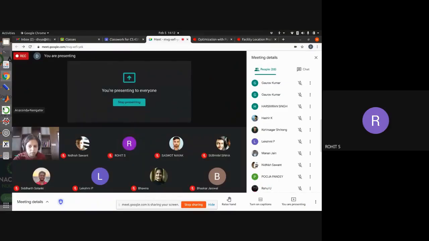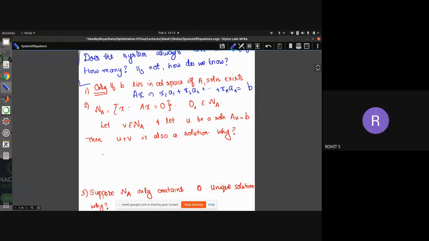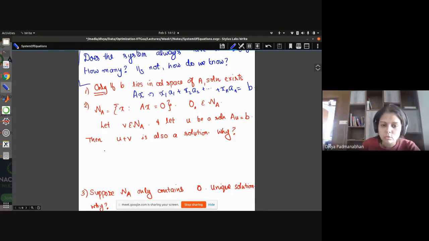Linearity, right. Who answered, by the way? Rohit, okay. What Rohit is saying is you have A times U plus V. If you expand, you get AU plus AV. You already know AU is B, and AV is 0.